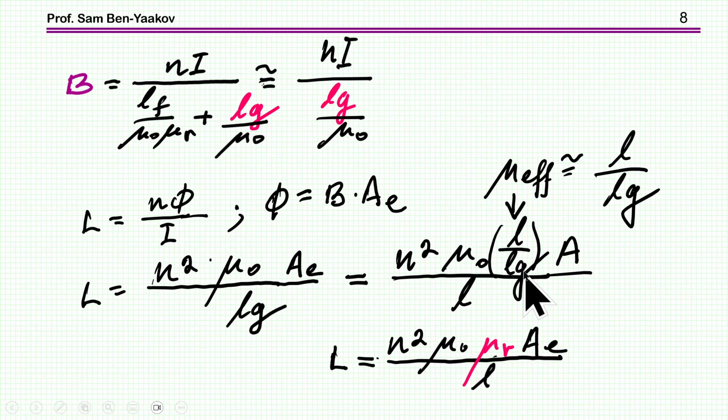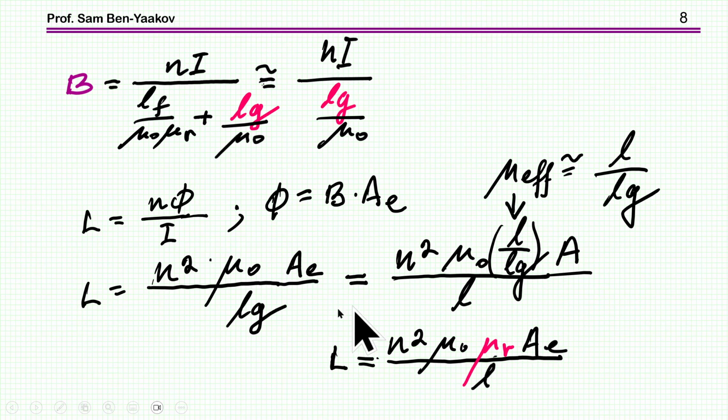So now you see that this is very similar to the classical equation of the inductor, the inductance that we've seen earlier. Here we have mu sub r, meaning that this is now the effective permeability that we have.